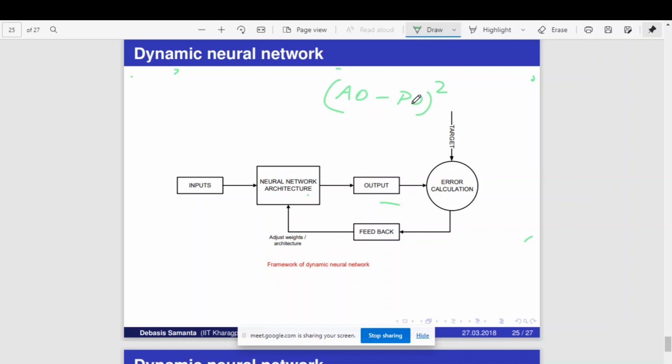If actual output minus predicted output is say 5, then what is the actual error? The actual error is 5. But what will be the error squared? It is 5 square, right? 5 square is 25. So even though the actual error is 5, we are saying that the error is 25. It means we are exaggerating to the neural network. We are not giving the actual error.